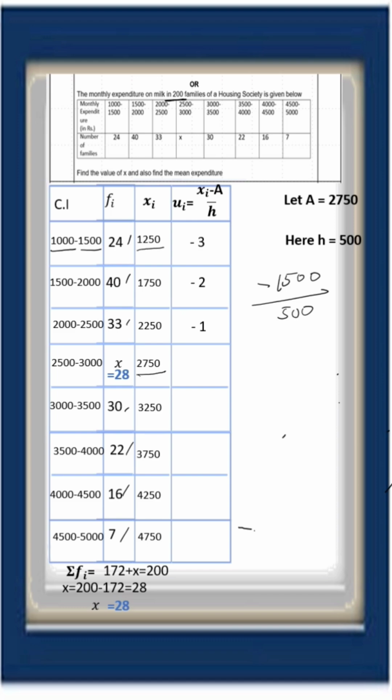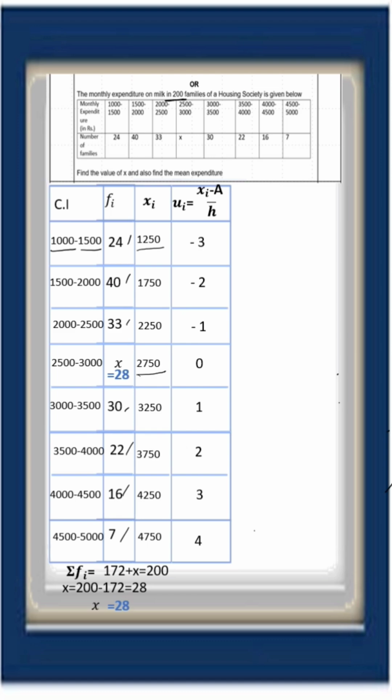Negative of 500 by 500 is equal to negative of 1. 2750 minus 2750, that is 0. 3250 minus 2750, that is equal to 500. 500 divided by 500, that is 1. 3750 minus 2750, that is 1000. 1000 divided by 500, that is 2. 4250 minus 2750, that is 1500, divided by 500, that is 3. 4750 minus 2750 is equal to 2000. 2000 divided by 500, that is 4.